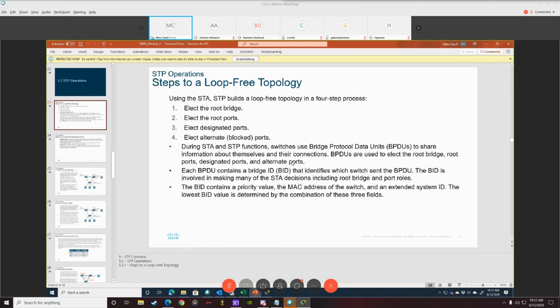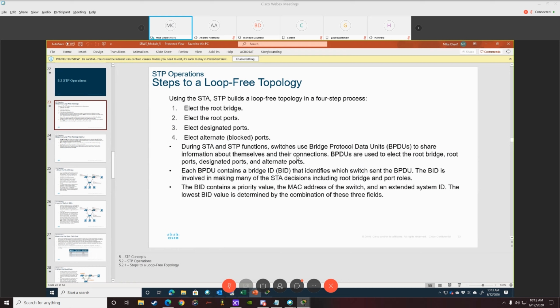And that's what we're talking about. During STA and STP functions, switches use bridge protocol data units to share information about themselves and their connections. BPDUs are used to elect the root bridge, root ports, designated ports, and alternate ports.